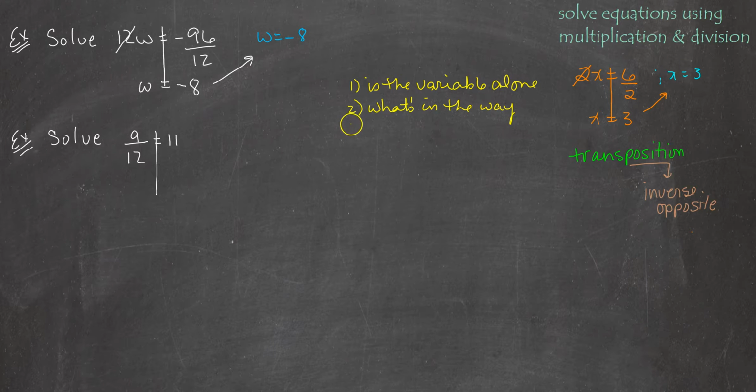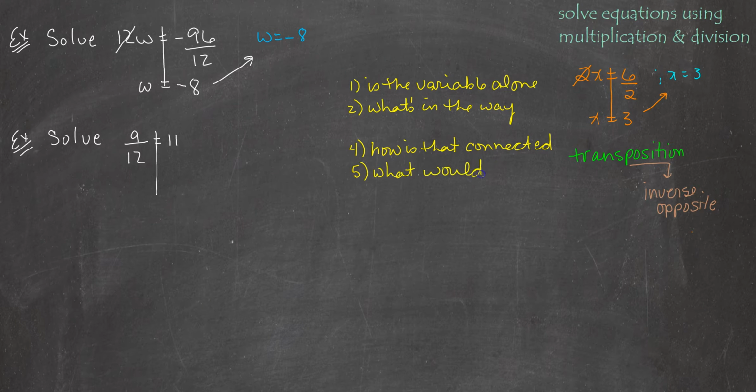And then there's actually a number 3 that I'm going to skip. You'll learn that in the next lesson. Number 4 is, how is that connected? Okay, and then 5 is undo it, right? We're going to use the inverse or opposite to undo it. So what would undo it?